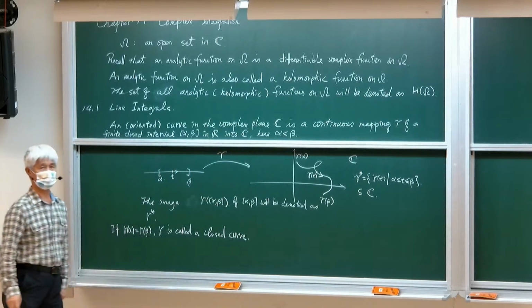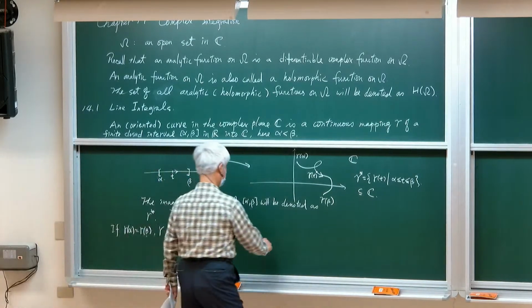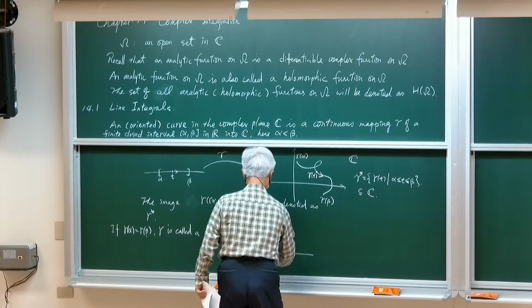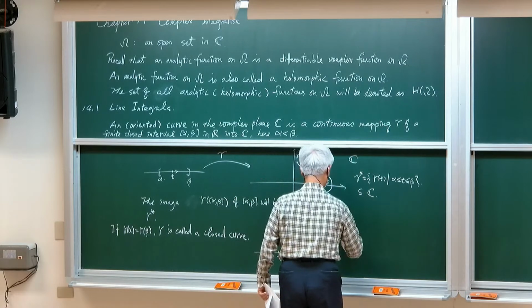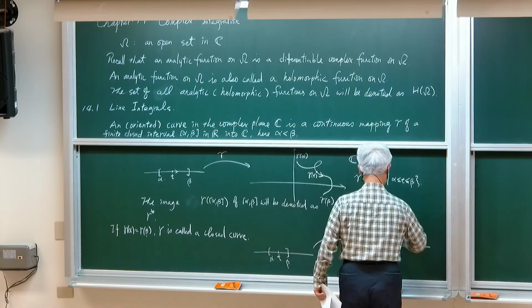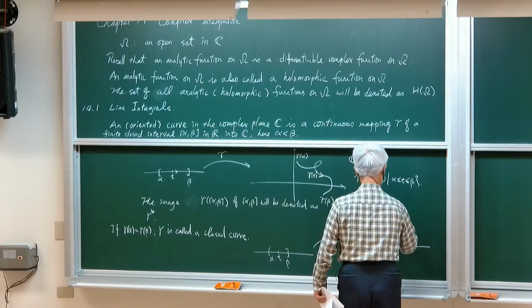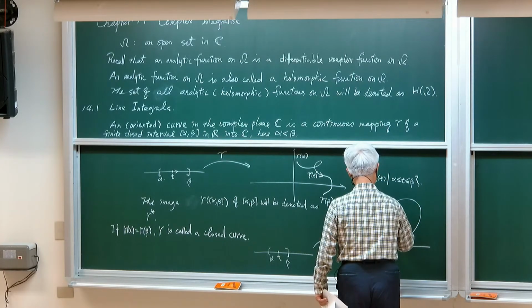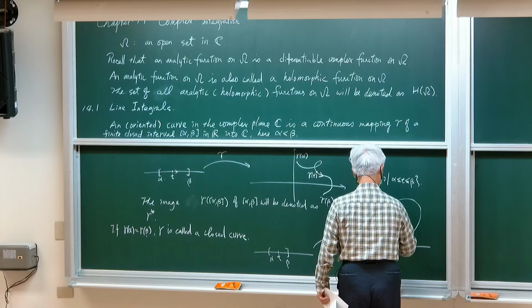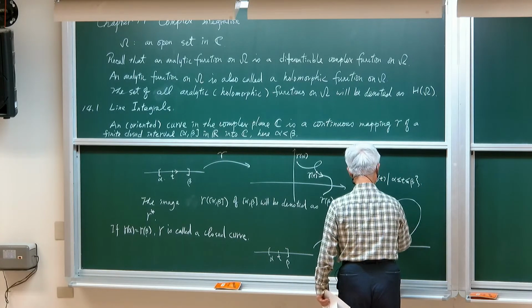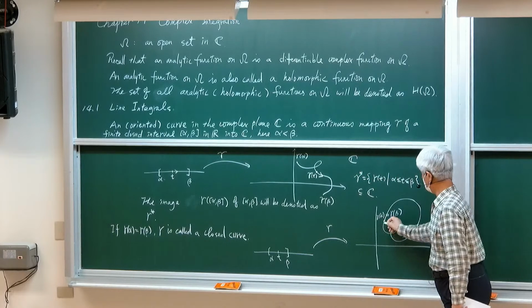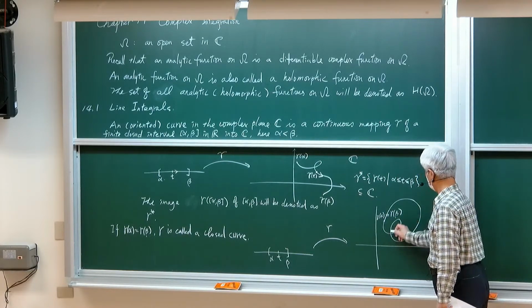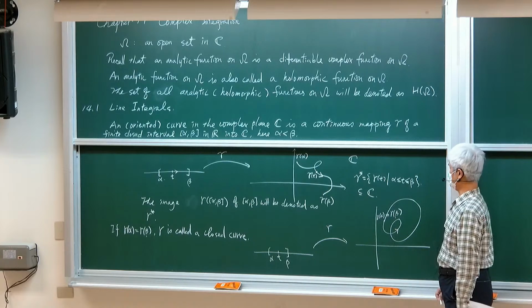So a closed curve would be, for example, one that starts from here and goes to there.